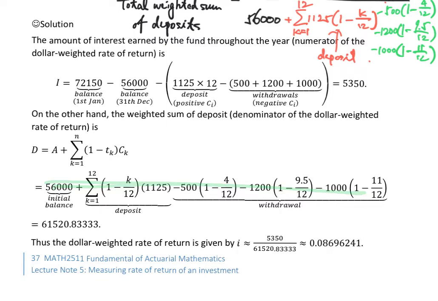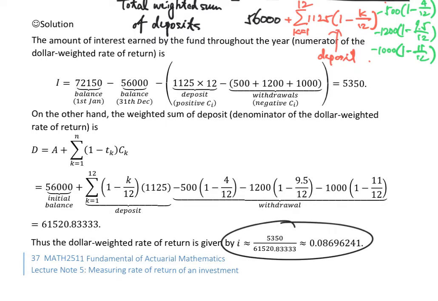Once you have this, you can now calculate the dollar weighted rate of return, which is just the amount of the interest that you earn divided by the deposit. Then you will get the final answer, which is 8.69%.